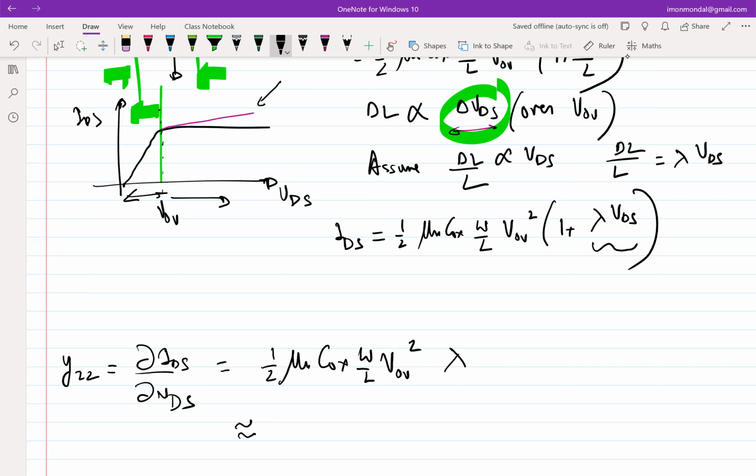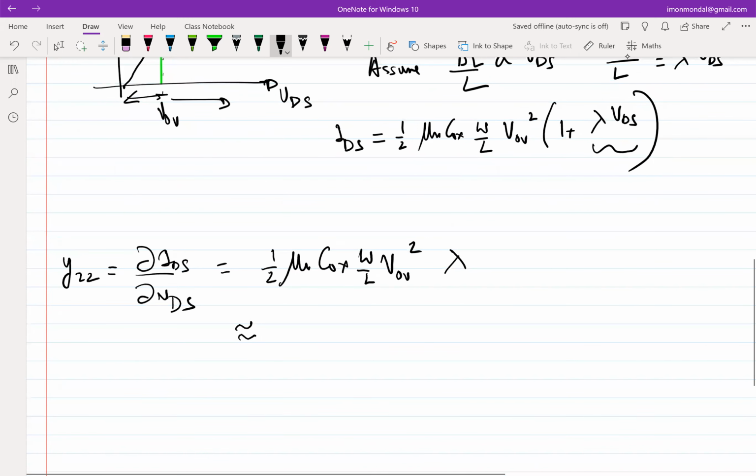Otherwise it would have been much larger, which means that the zeroth order approximation of this current can still be half mu n C ox W over L (V over drive) square. We'll have an error, but it will not be too much. So for ease of analysis, we still say that this is IDS times M. Otherwise, we'll have to multiply by 1, divide by 1 plus lambda VDS and do mathematical jugglery and come up with a complicated expression.